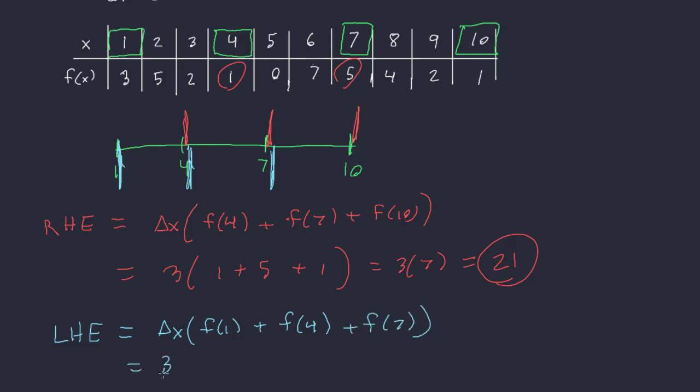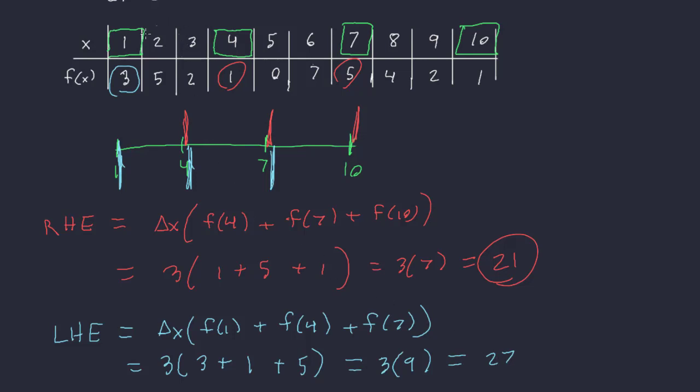Our delta x is 3, and we'll get these values from the table. f of 1 is 3, f of 4 is 1, and f of 7 is 5. So we get 3 times 9, which is going to be 27.